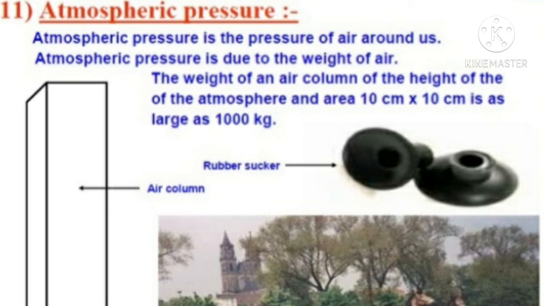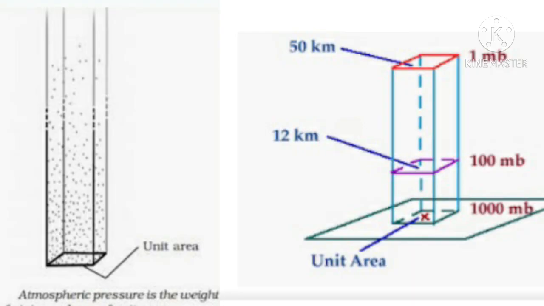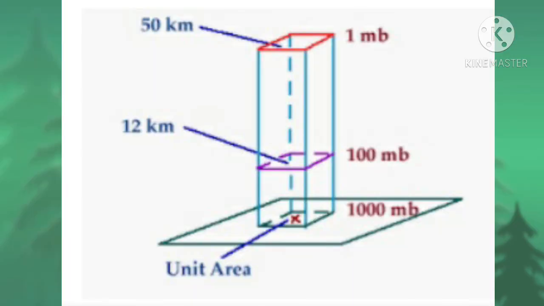So we can say that atmospheric pressure is the air pressure which is exerted by the weight of air present in the atmosphere. We know that pressure is force per unit area. Now, if we imagine a unit area of Earth's surface and a very tall column filled with air standing on it, then the weight of air in this column will be the atmospheric pressure at that place.